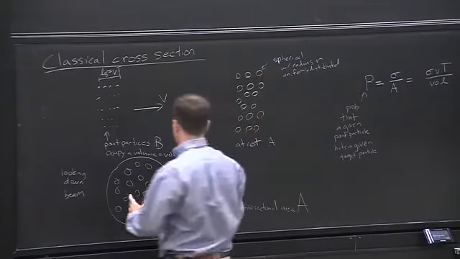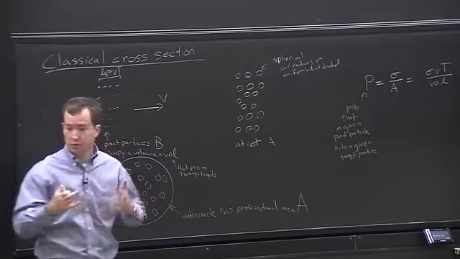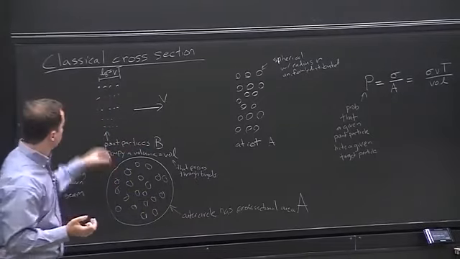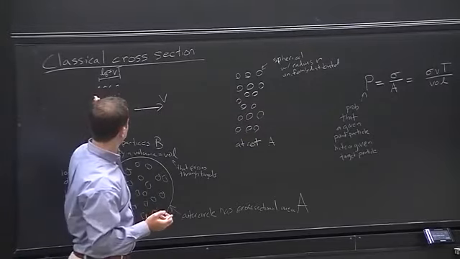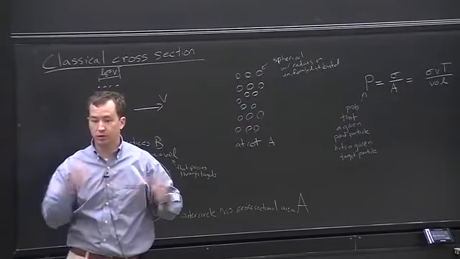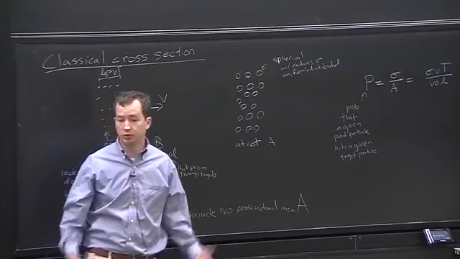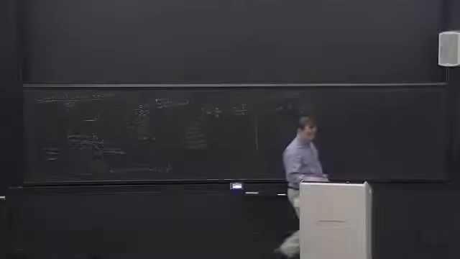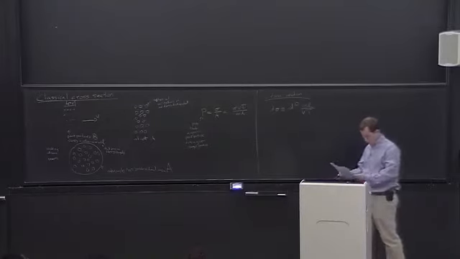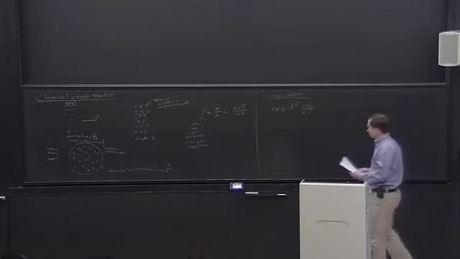So for the simplest case, we could just imagine that all of the point particles will pass by some target, and then we don't have to worry about that. We could set up our experiment like that. Okay.